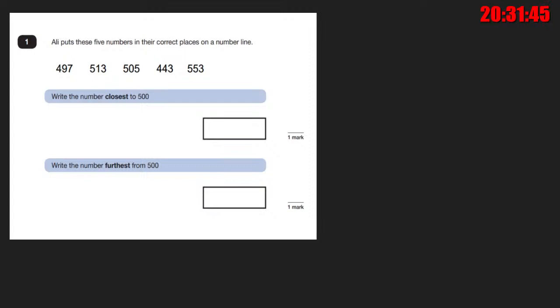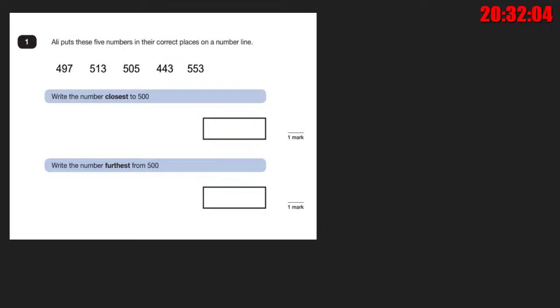Ali puts these 5 numbers in their correct places on a number line: 497, 513, 505, 443, 553. Write the number closest to 500. That is the question.